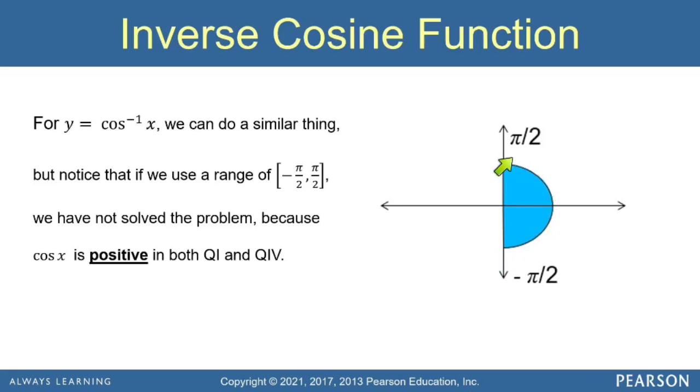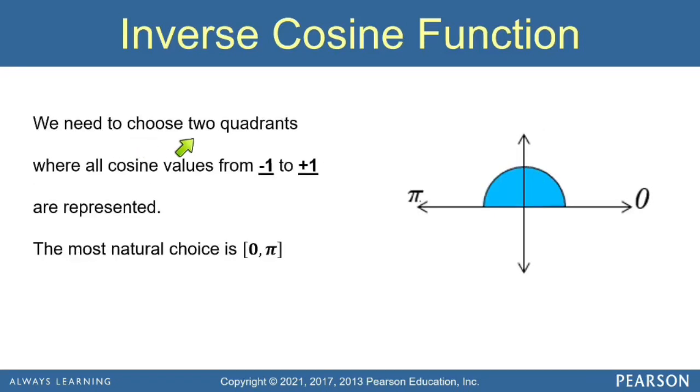Negative pi over 2 to positive pi over 2 will not work here, because notice that cosine is positive in both quadrant 1 and quadrant 4. Therefore, every positive cosine value matches up with two different angles, and you know we can't have that. And to make things worse, our negative cosine values don't match up with any of these angles. So we need to choose a different range.